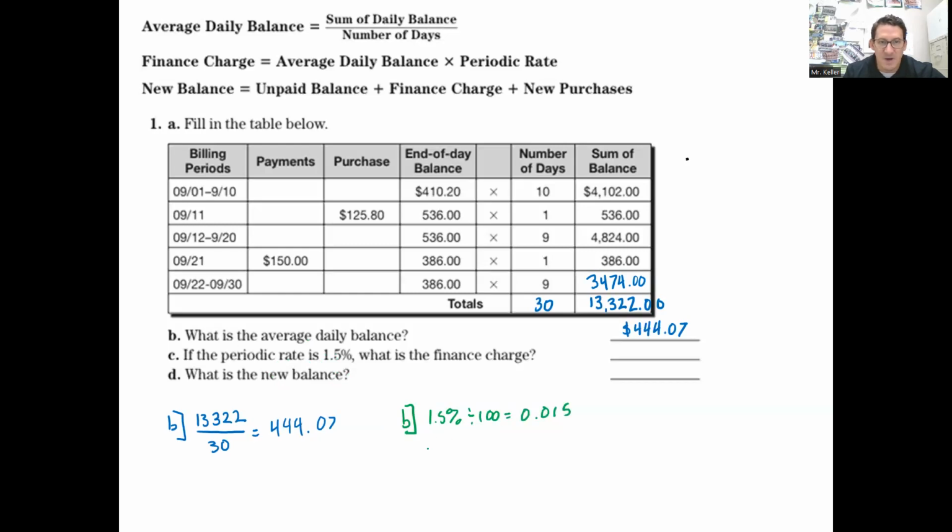And then to find the finance charge, you are going to do 444.07 times 0.015. Let me get my calculator out. So 444.07 times 0.015 is $6.66.